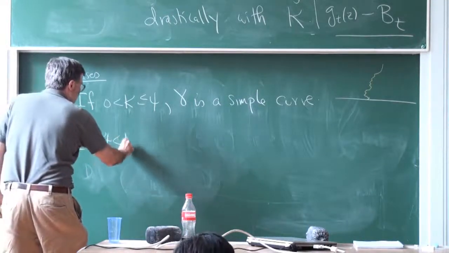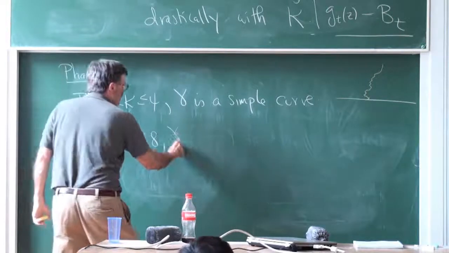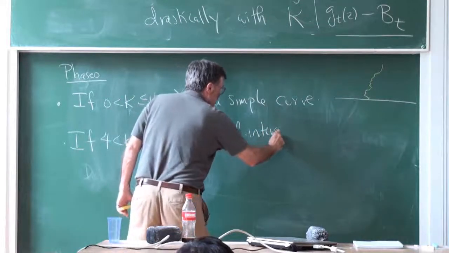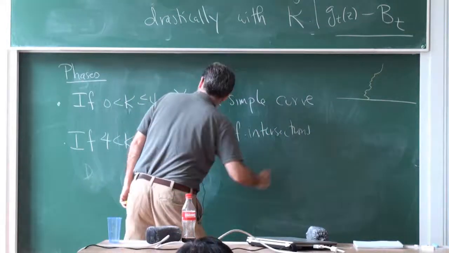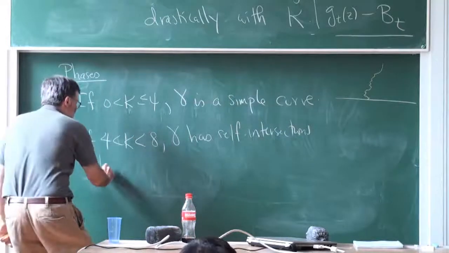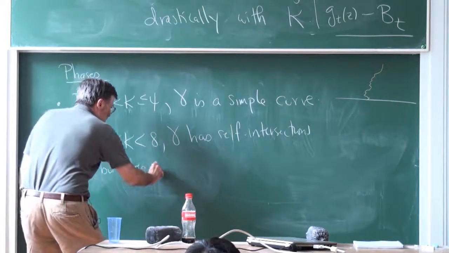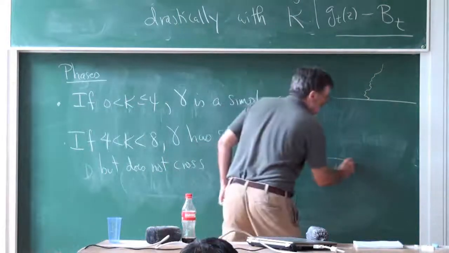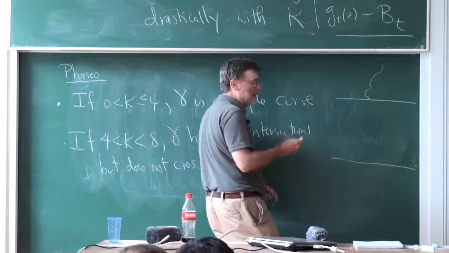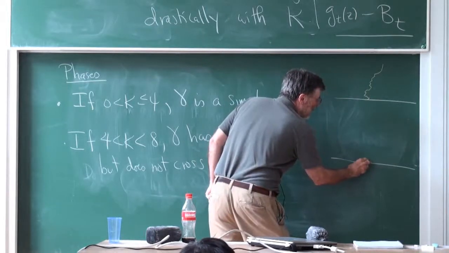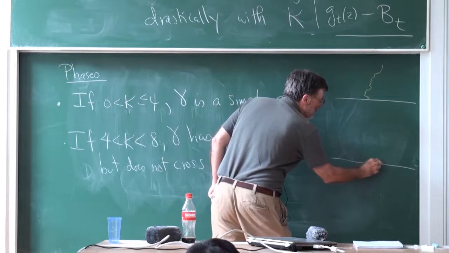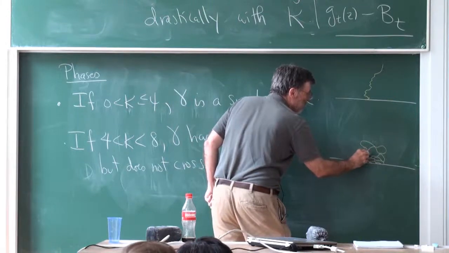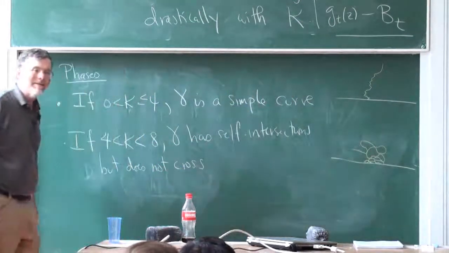If 4 is less than kappa is less than 8, gamma has self-intersections but does not cross. This is a little tricky to draw, but think like this. This is actually happening at all scales. But think of something like that happening.